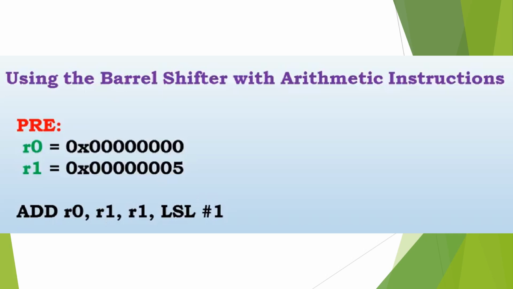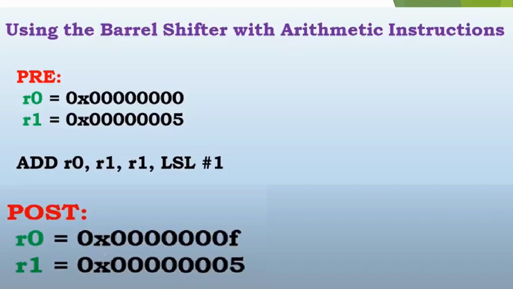What happens if I shift the value 5 one time, and we have to add the content again of R1 and store the result in R0. So if I shift 5 once, it becomes 10, and again you add R1, you will get 10 plus 5, 15.